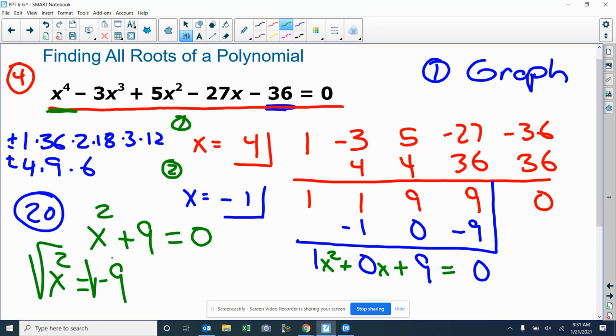And now we take the square root of both sides, and we're going to have x is equal to plus or minus 3i. So guess what? Root 1, root 2, and here's root 3, and root 4. There's your 4 roots of this polynomial.